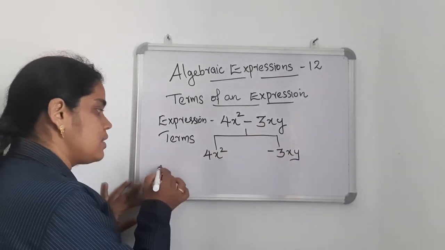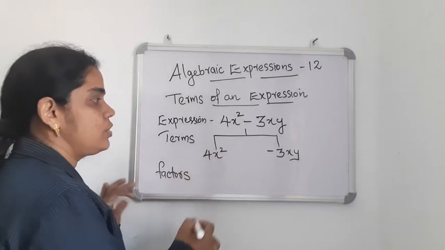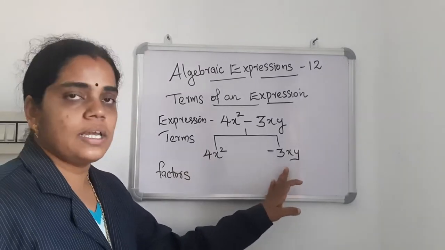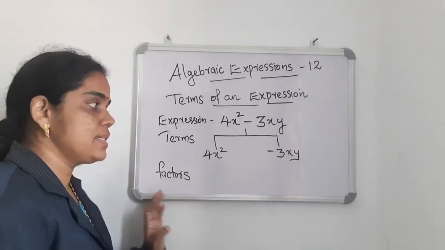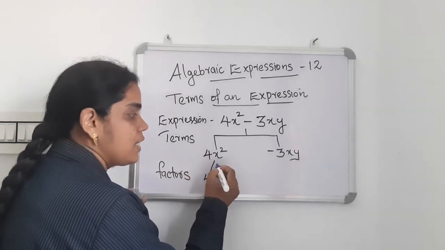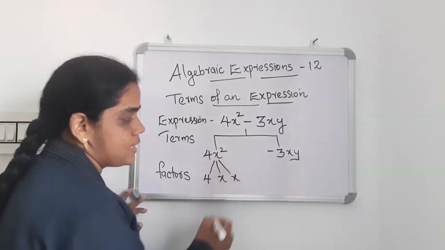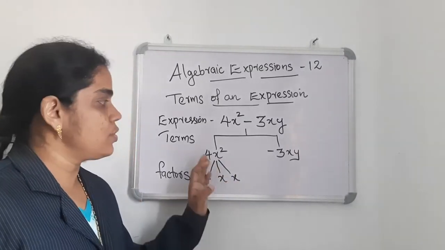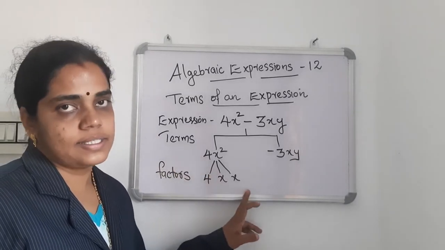Next we can discuss what factors are. So two terms are here. Then what are the factors used here? Here it is clear 4 is a factor, and x² means x into x. So the factors are 4, x, x.